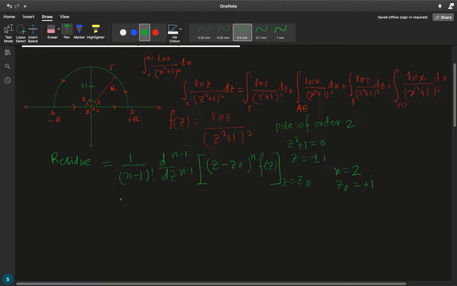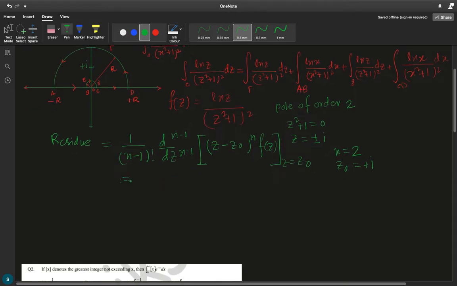So if I want to find this, it is basically 1 by 1 factorial, and d/dz of (z minus i) whole square times f(z), where f(z) equals ln z by z square plus 1.